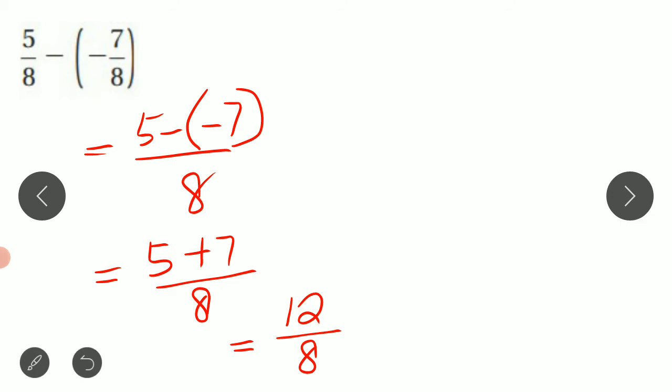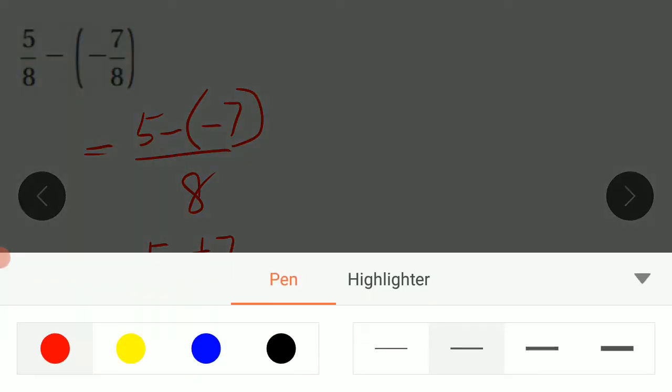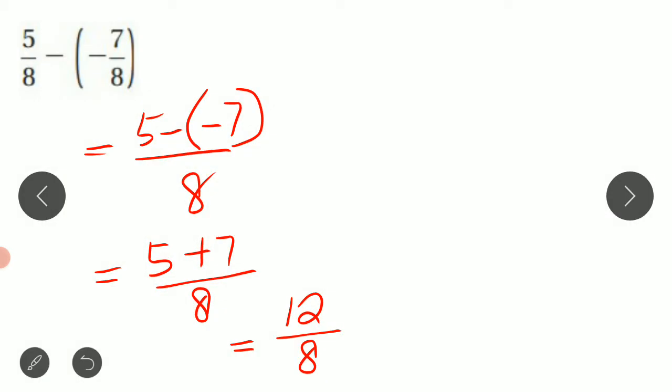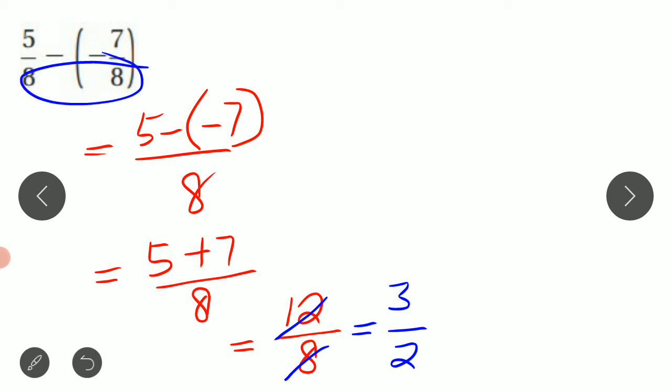So let's divide the numerator and denominator by the factor 4. How many times 4? 3 times. And here 2 times. So 3 by 2, the answer. Since it is improper, we can give the answer finally as a mixed form, 1.5 also. So when the denominators are same, in addition or subtraction, we do these steps.